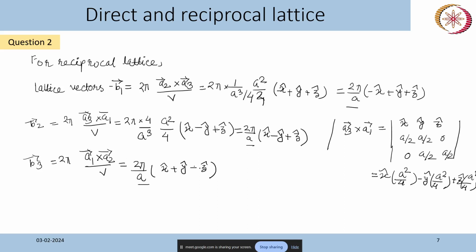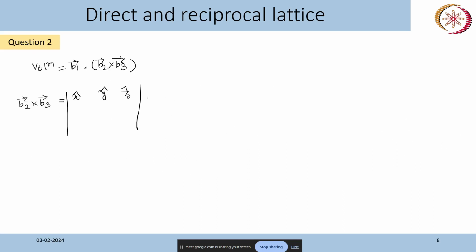So 1, minus 1, 1 for B2, and for B3, another 2 pi by a, and 1, 1, minus 1.